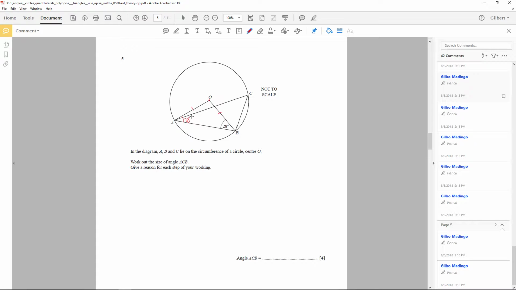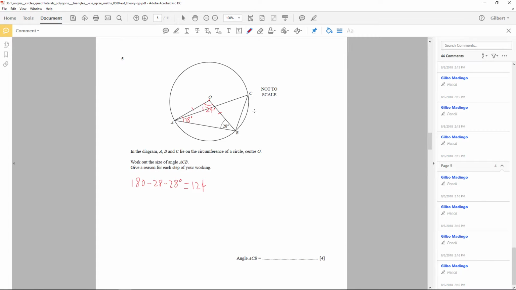So therefore, this is also 28 degrees. Now, the total internal angle of a triangle is 180. So therefore, 180 minus 28 minus 28, you would have gotten this angle here, which is 124. Now, this is 124 degrees.